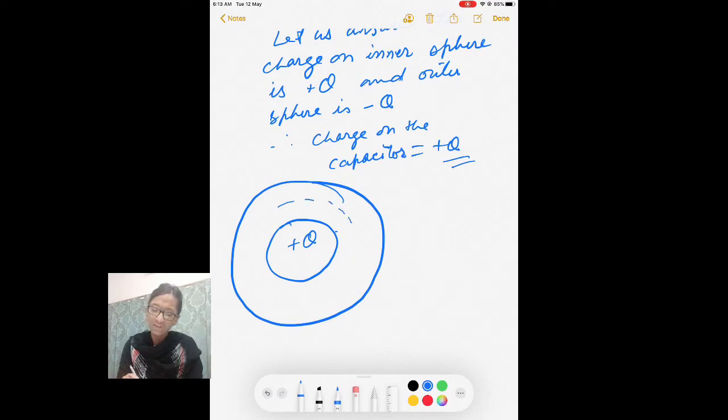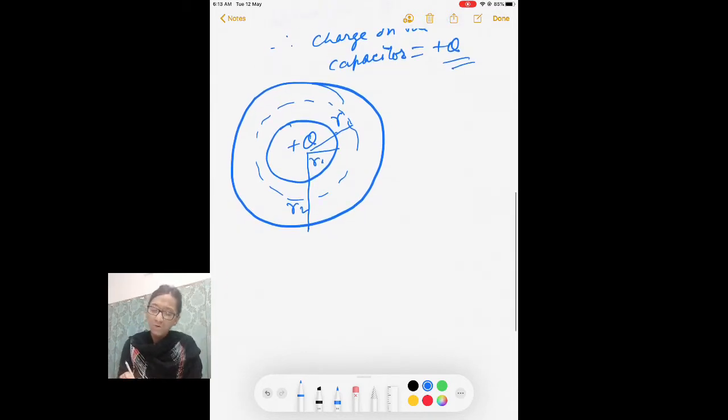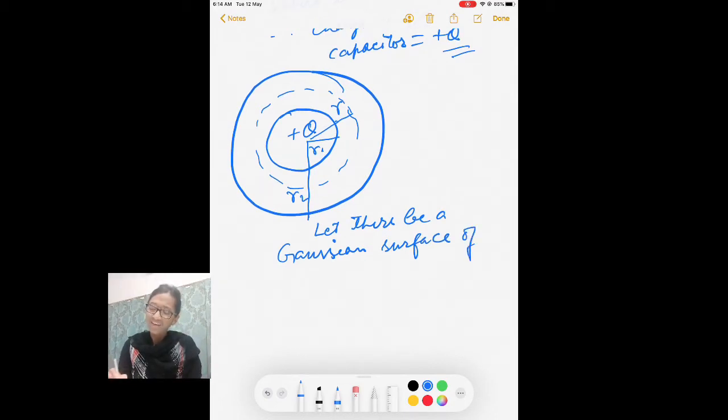So let me take a Gaussian surface inside at any distance r. Now the inner sphere has radius r1 and the outer sphere has radius r2. So let there be a Gaussian surface of radius r.